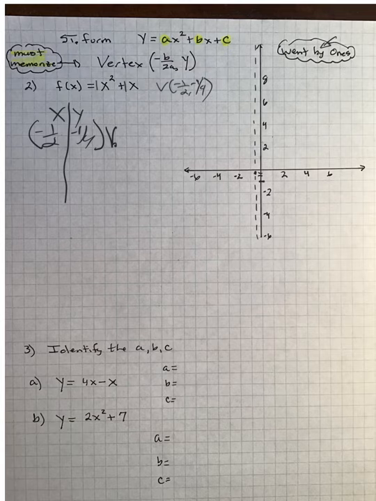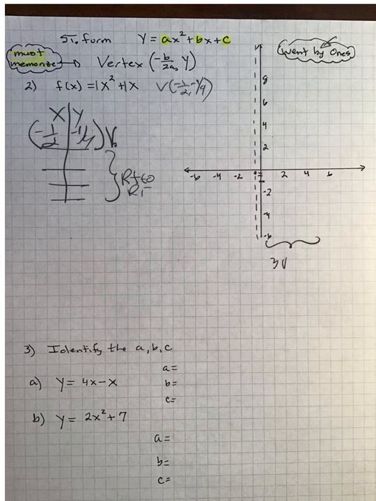Now we're going to go to the t-table. When we go to the t-table, we want to pick 3 more points either to the right or to the left of the vertex. In this particular example, I'm going to pick 3 points to the right of the vertex. So you're going to pick either 3 points to the right of your vertex or 3 points to the left of your vertex.